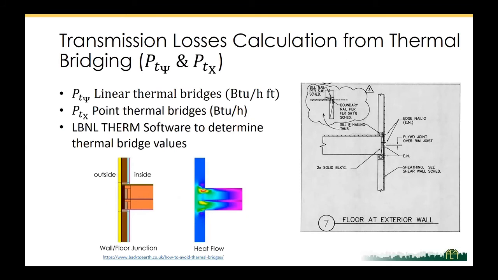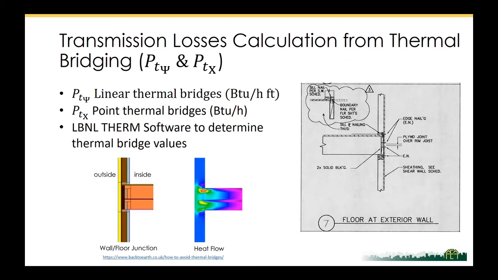And so now we're moving on to transmission losses, calculation from thermal bridging. So you have your linear thermal bridges. These are typically like your studs, your corners. Kind of what Passive House really drives is continuous air barrier, continuous insulation.